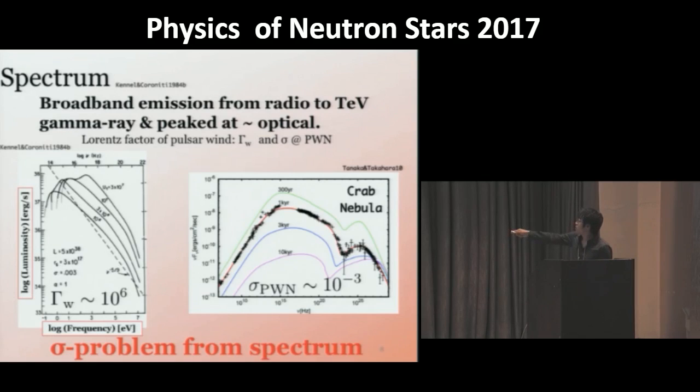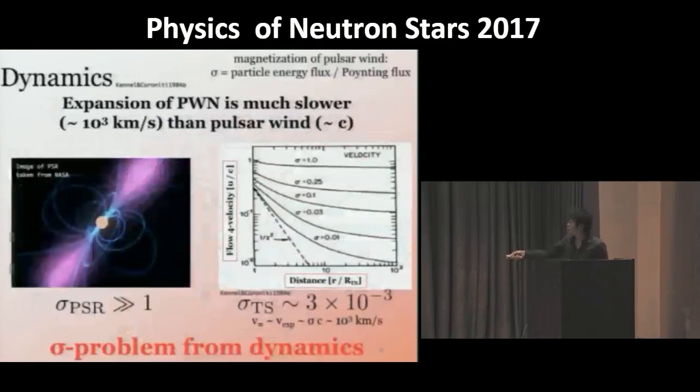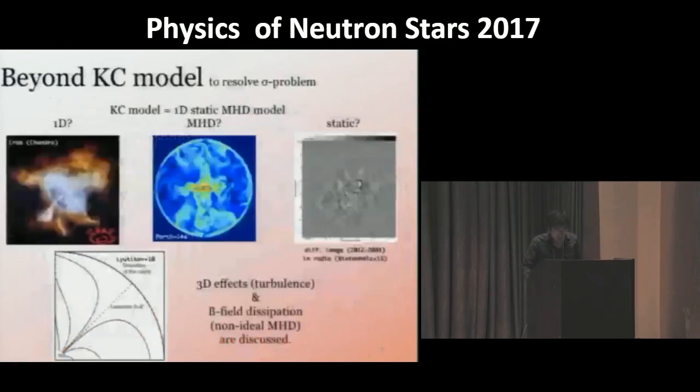So we require a small sigma from the spectrum alone. Okay. So the problem is how to reduce sigma from much larger than 1 to much smaller than 1. This is called the sigma problem.